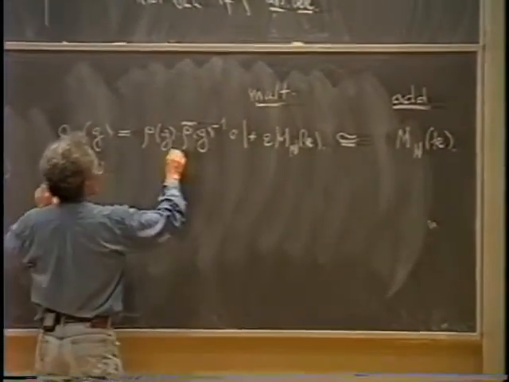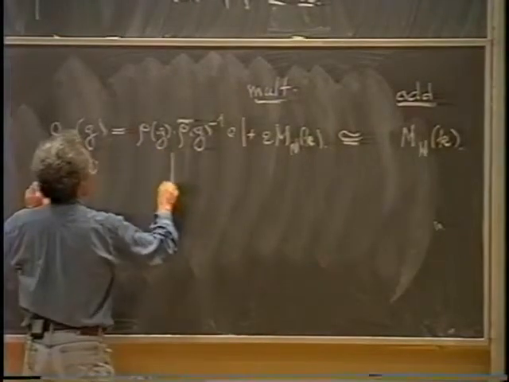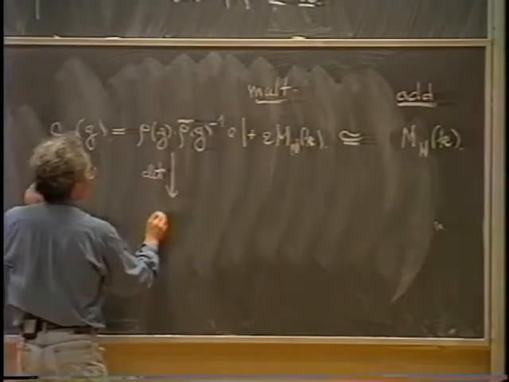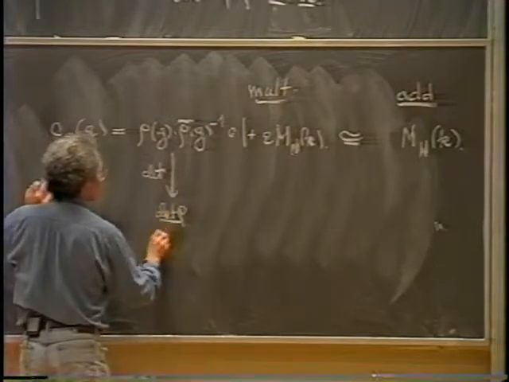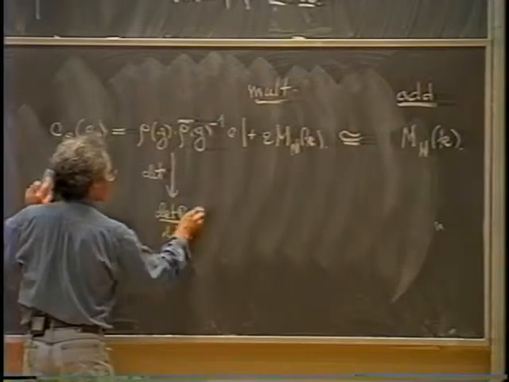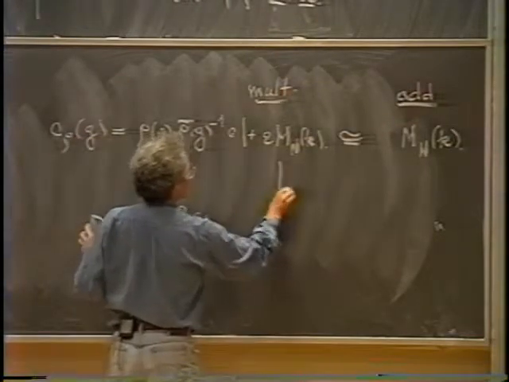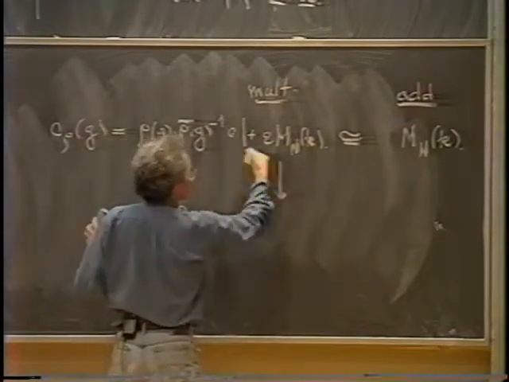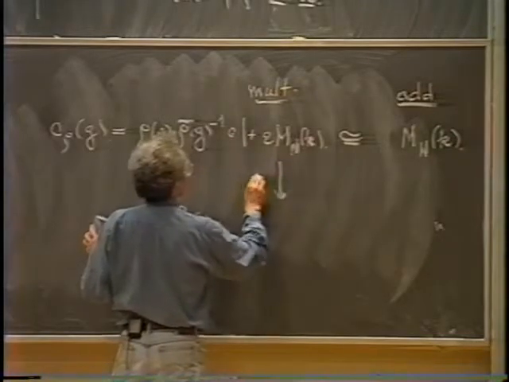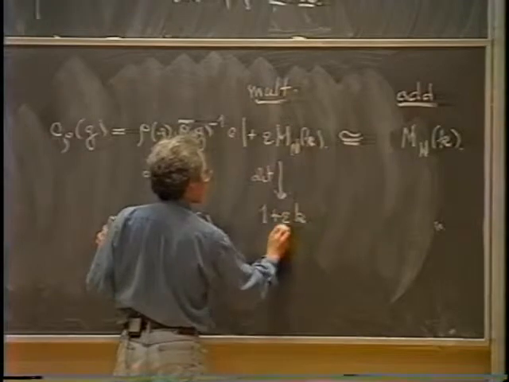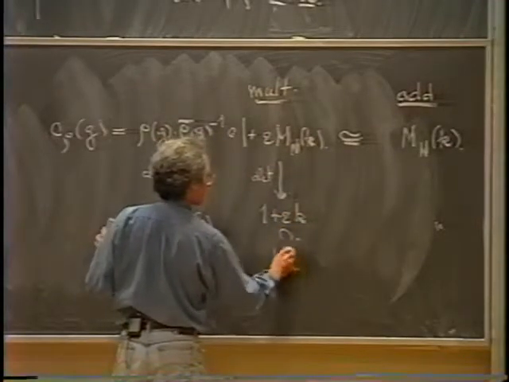And now let's compute what happens when we apply the determinant to this. Well, here we have the determinant of rho over the determinant of rho bar of g. And this is contained in the determinant of this, which is in 1 plus epsilon k, which is contained in the units of k[epsilon].